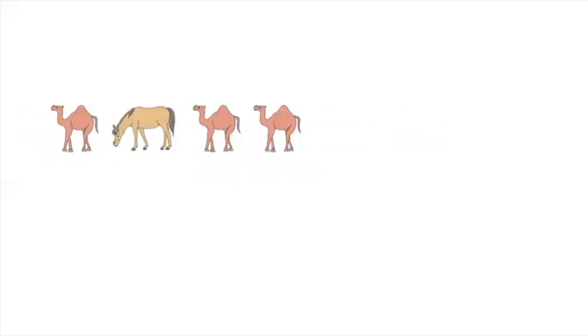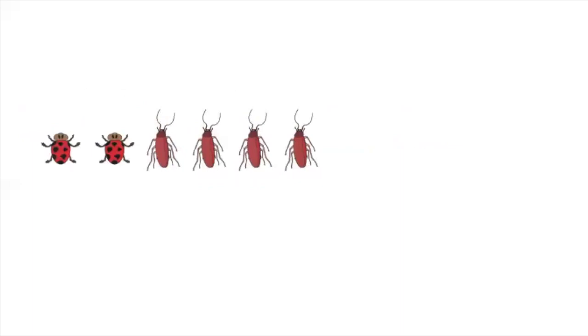Number 3, write the ratio of the number of camels to the number of horses. Number 4, write the ratio of the number of cockroaches to the number of ladybugs.